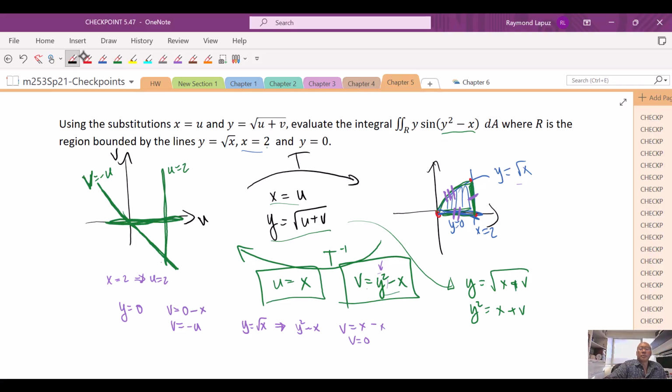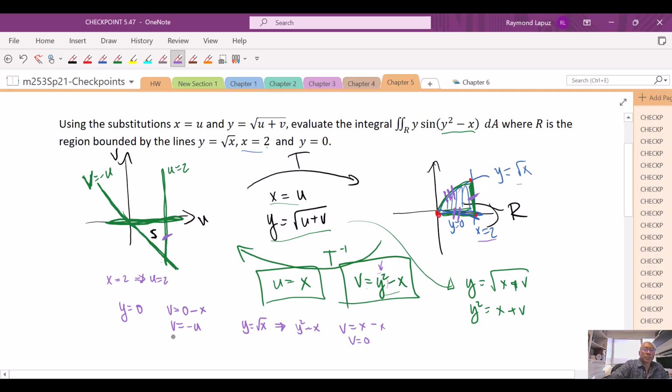So if this is the region R, this is our region S that we're going to integrate over with respect to u and v. And just to remind us about where things happened, we have the line x is equal to 2 that became u is equal to 2. We have this line y is equal to 0.